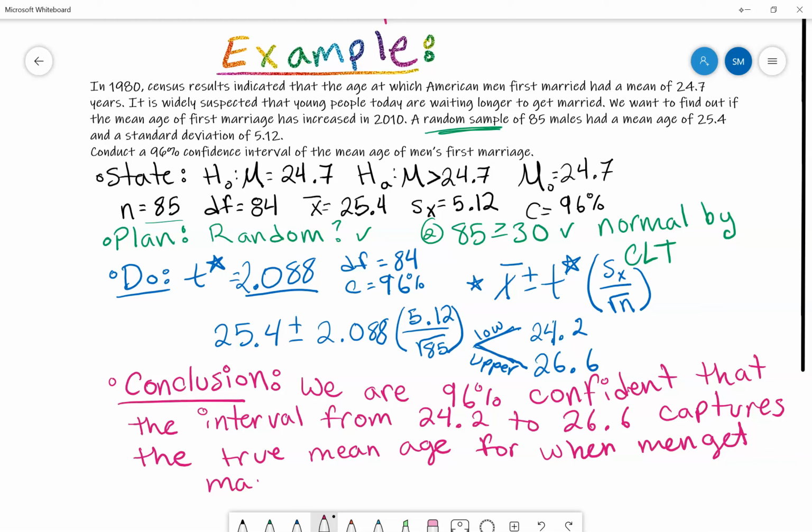I actually looked at a survey that said that that is now higher. That's cool. So this is how you do your confidence interval with a mean.